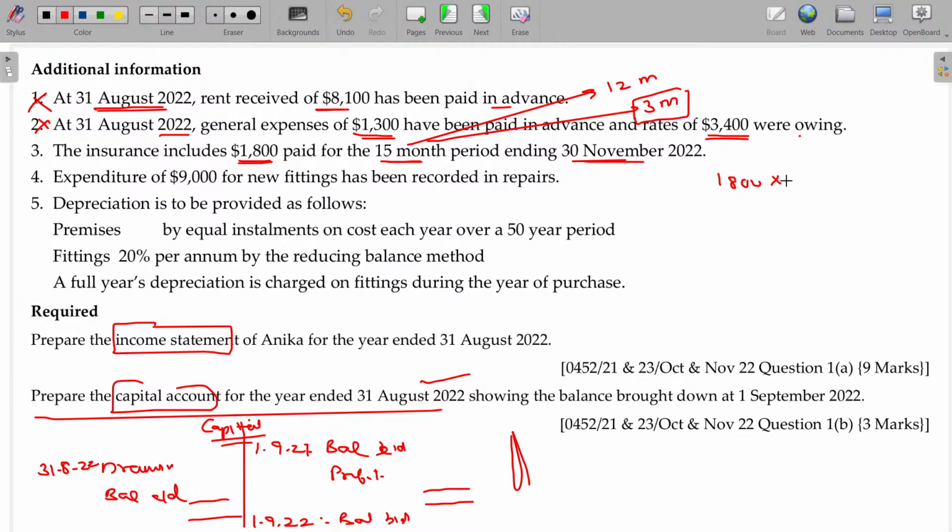That should be subtracted. So 3 by 12, 1,800 into 3 by 12. 450 will be now adjusted here.